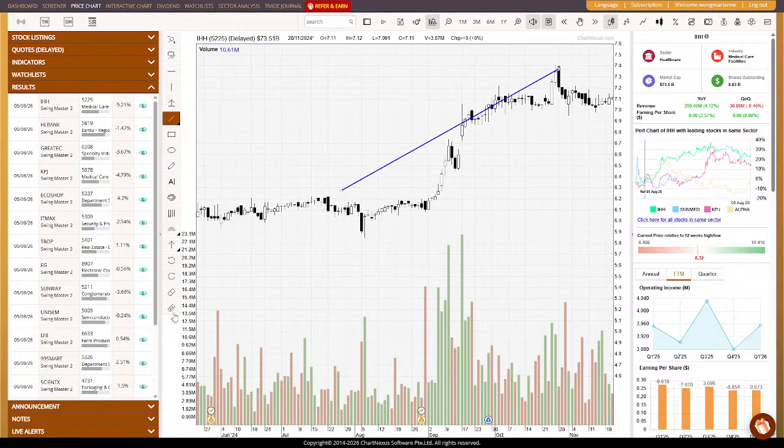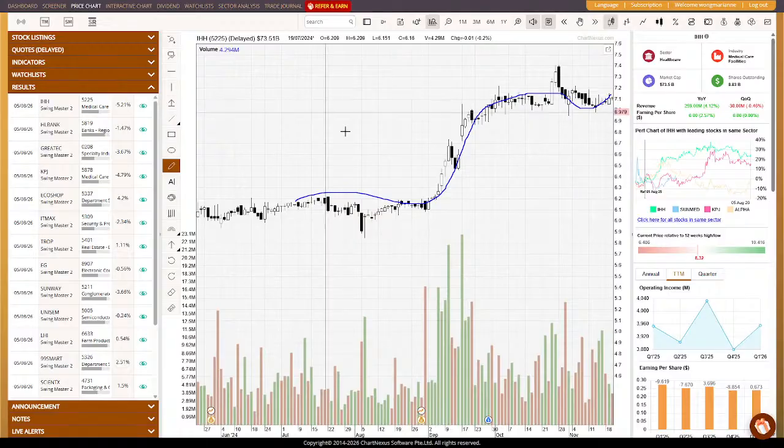Generally, they go up a bit, then come down and up. This is the typical movement of a stock.